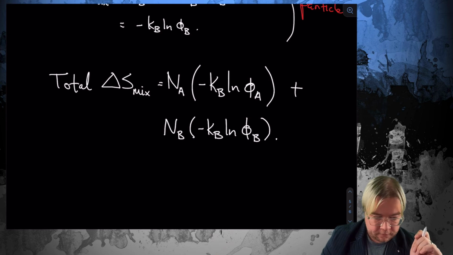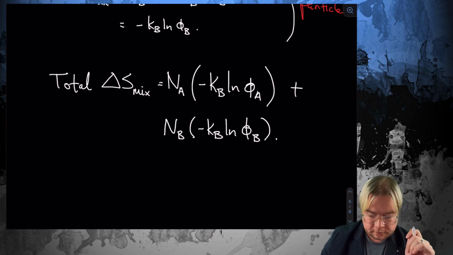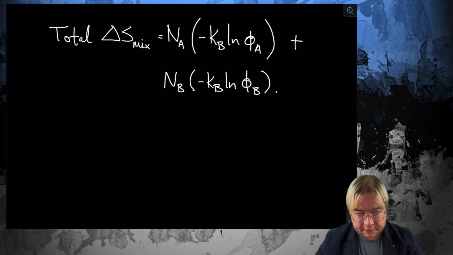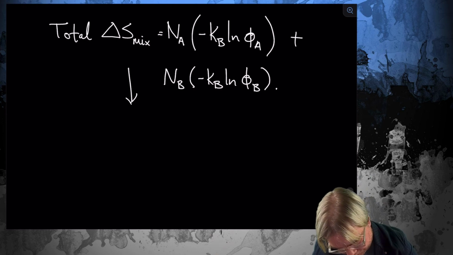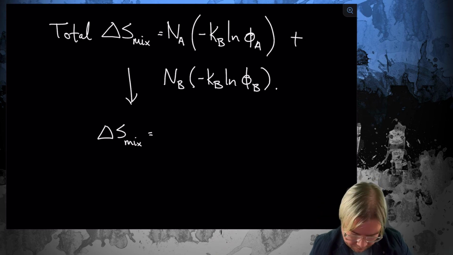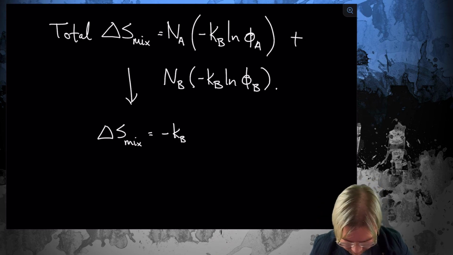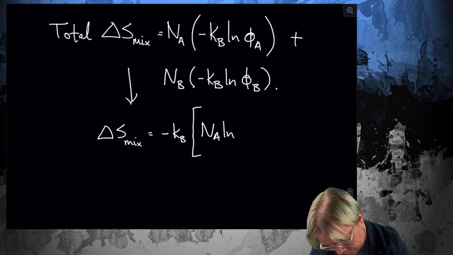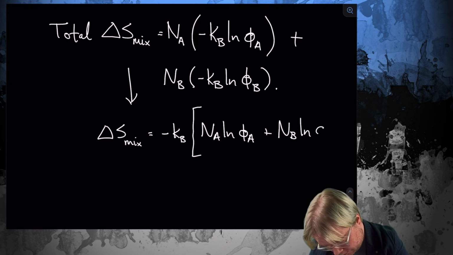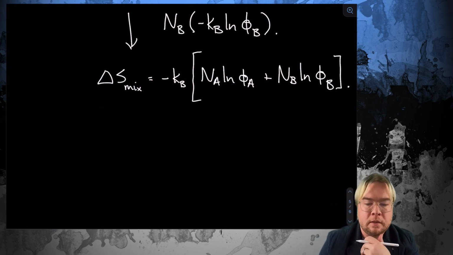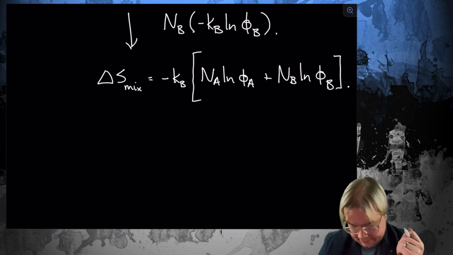Okay. All right. So if I simplify this, what I'm going to end up with is that delta S for mixing is going to be minus KB times NA log of phi A plus NB log of phi B. Fantastic.